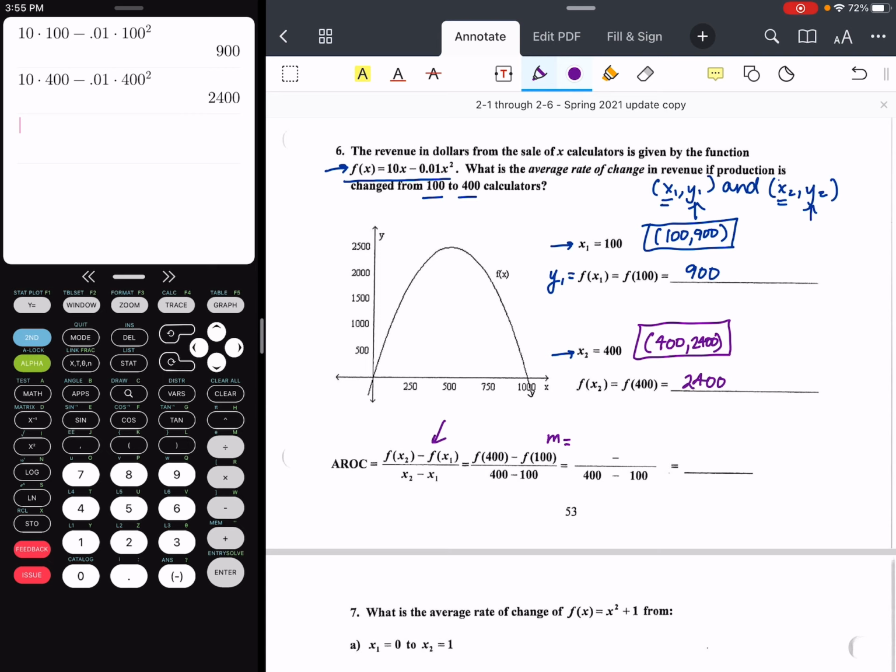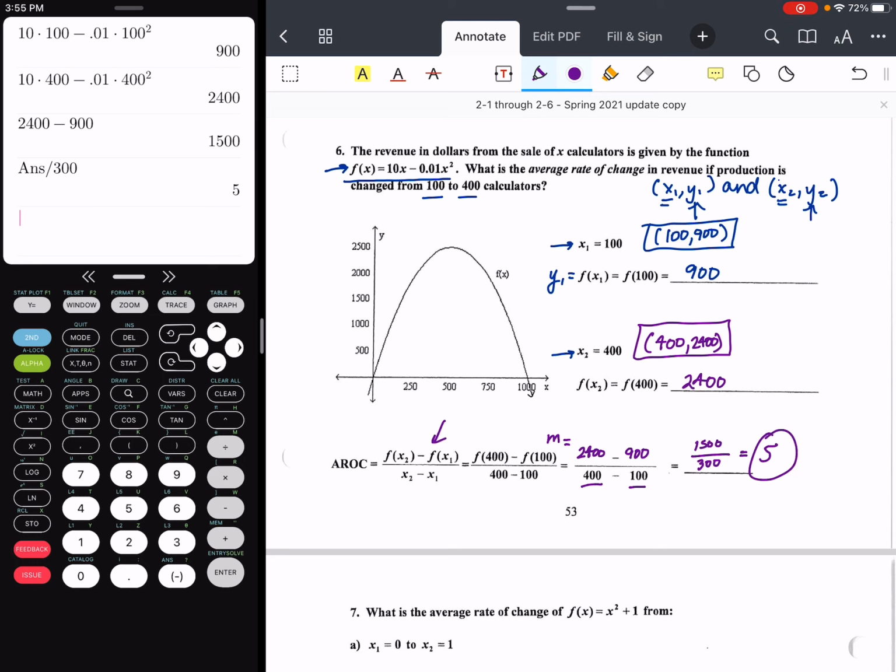My slope is going to equal 2400 minus 900, subtract my two y values, over 400 minus 100, my two x values. 2400 minus 900 gives you 1500. In the denominator, 400 minus 100 gives you 300. And 1500 divided by 300 gives you your answer of 5. So average rate of change is 5.